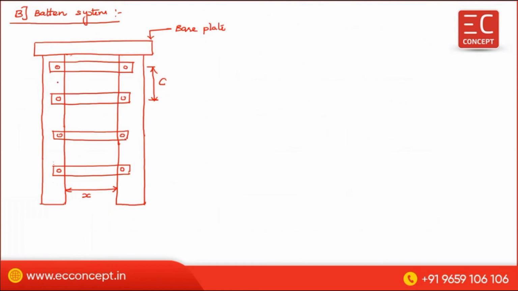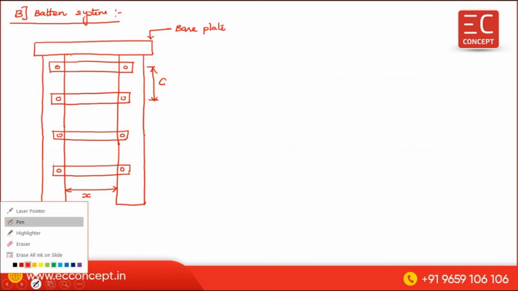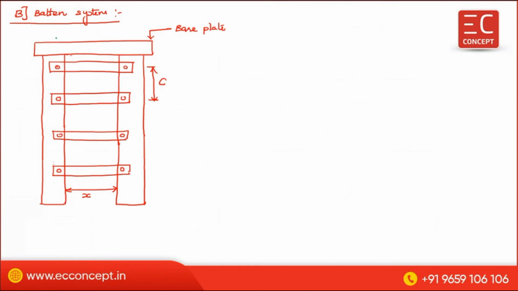Now, G is the gauge line. This is the gauge line, meaning where the rivet or bolt, the first bolt line is. From this first bolt line, this distance is G. G is the gauge distance.